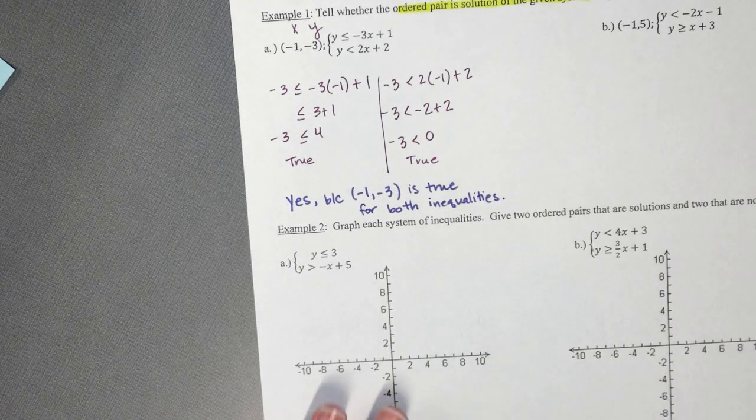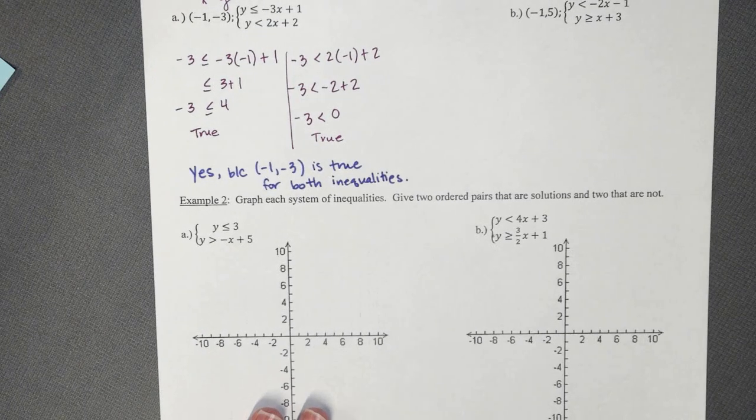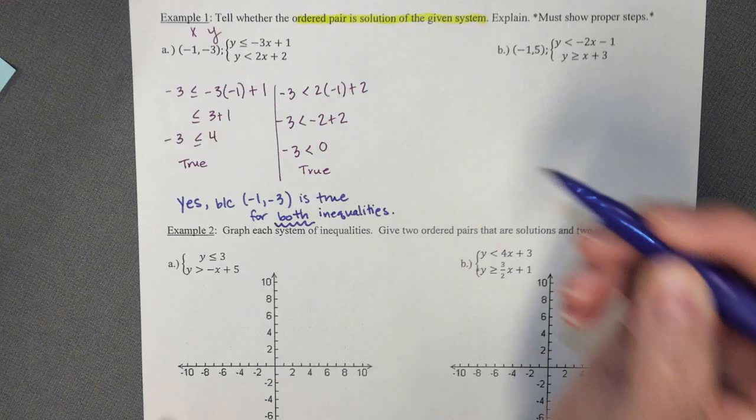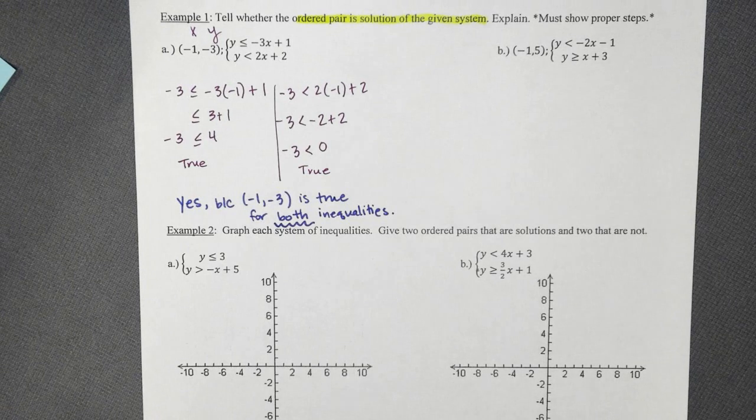Okay, so it's yes because it's true for both inequalities. Okay, in order for it to be a solution of the system, it has to be true for both. Okay, so if it's only true for one of them, the answer is going to be no.